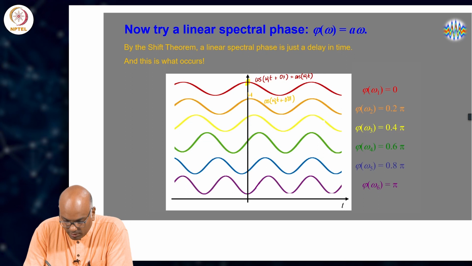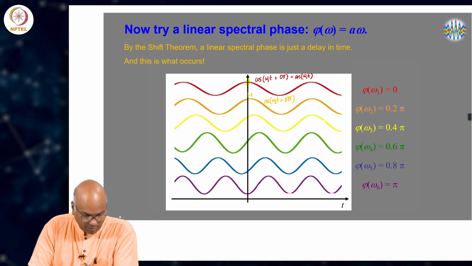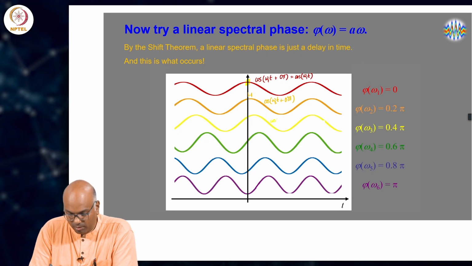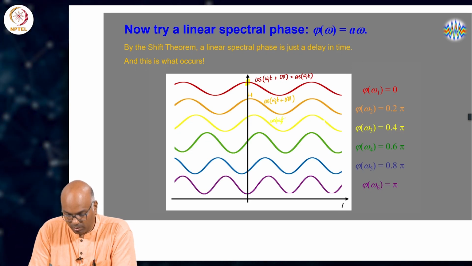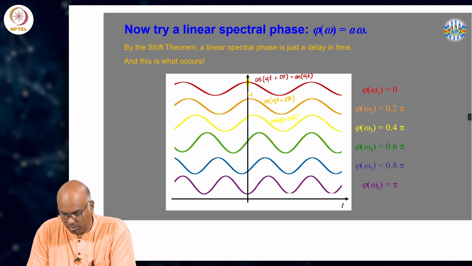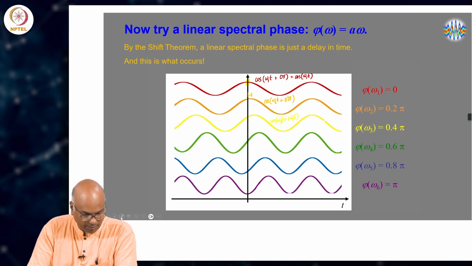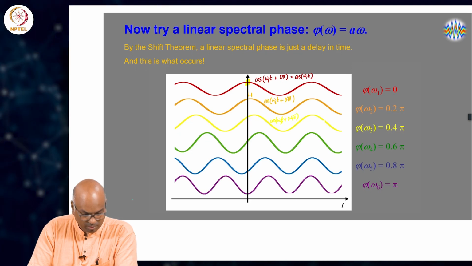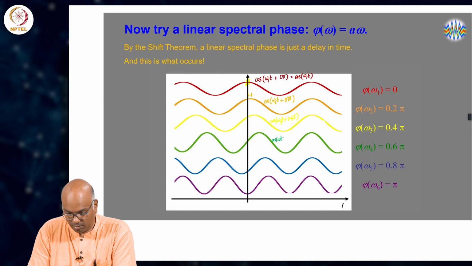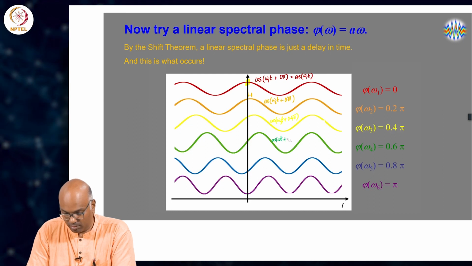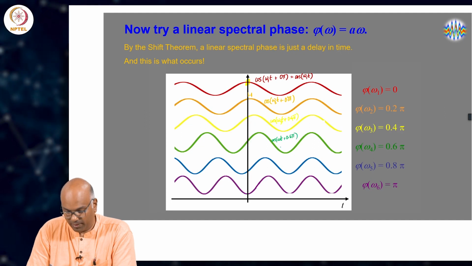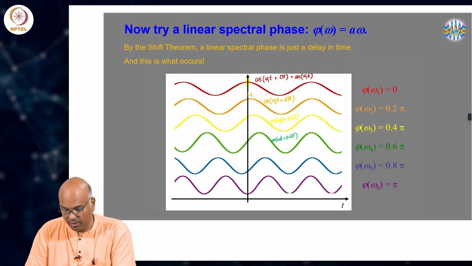This is what I intended to do: 0 pi, 0.2 pi, plus 0.4 pi, plus 0.6 pi, 0.8 pi.